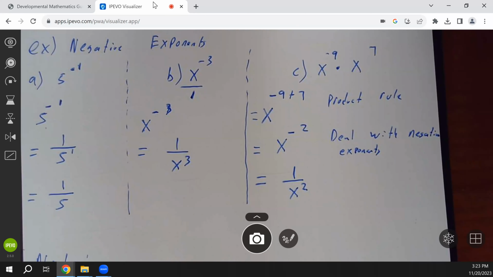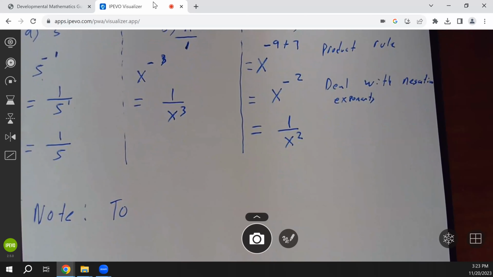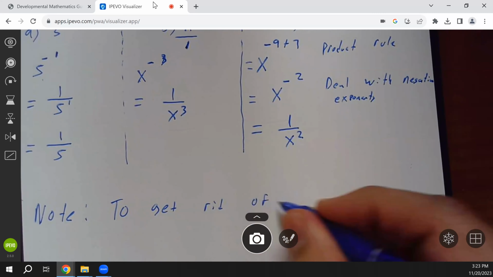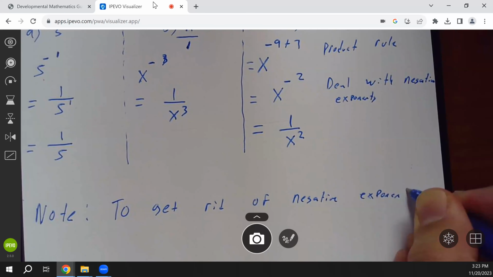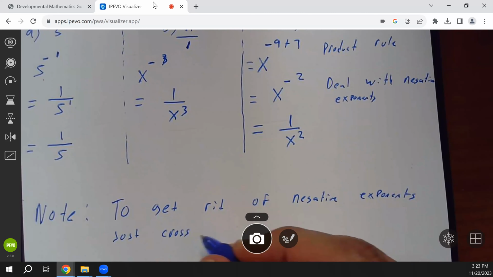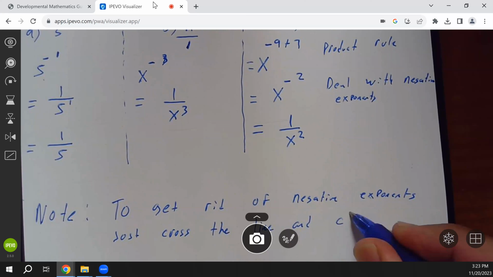A, B, or C? Let me know. Get rid of negative exponents, just cross the line and change the sign.